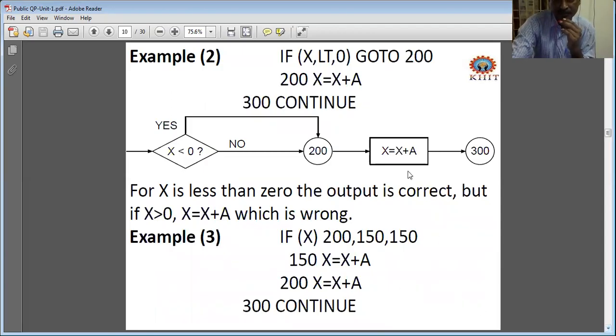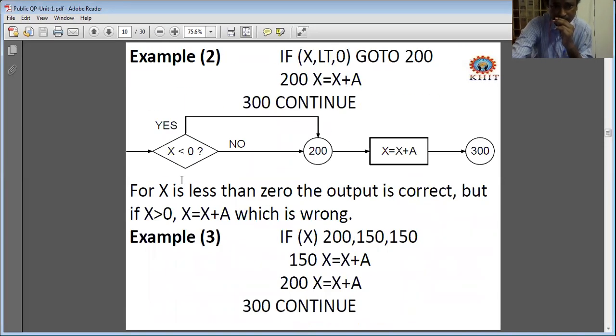Then the second one is if x < 0 go to 200, that means 200 is x equal to x plus a. In no case does it go elsewhere, so in both cases it goes to x equal to x plus a. You can consider that.